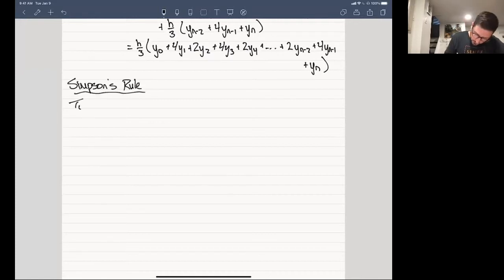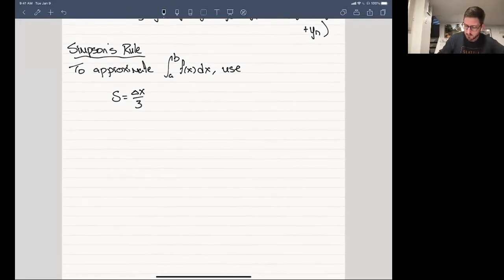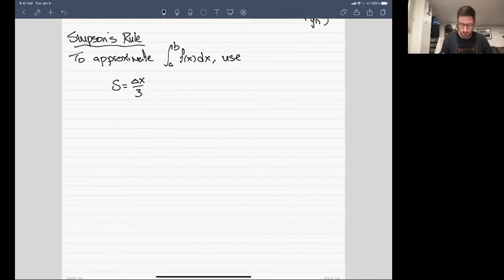So to approximate the definite integral from a to b of f of x dx, we use, let's call it S for Simpson, delta x over 3. So that was my h. Remember, I just set h equal to delta x as a quick and easy way of writing it. And then f of a, so that's f of x0.